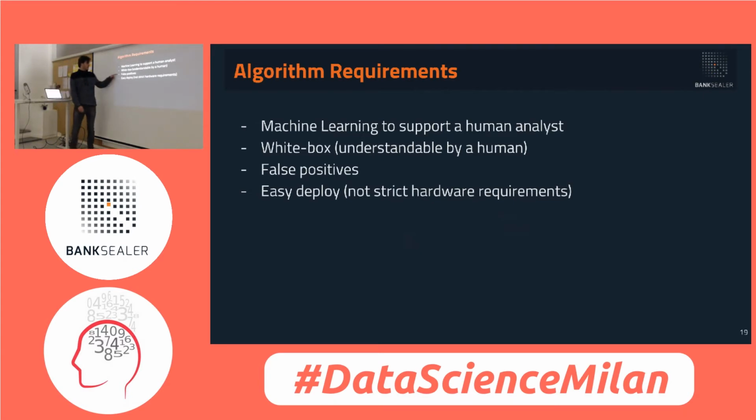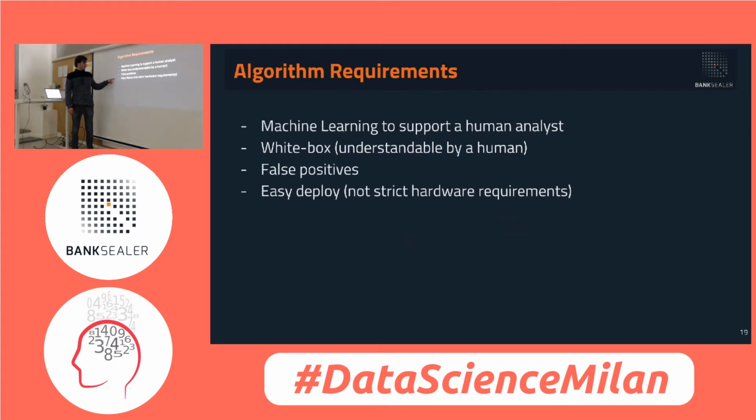The third component is false positives. This is actually the main requirement banks have, because traditionally the problem with this kind of system is that they report too many transactions. And if you report too many transactions, the human analysts cannot read all of them, they cannot go explore what's going on.